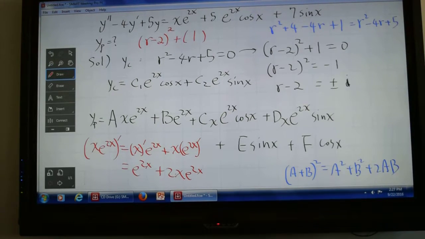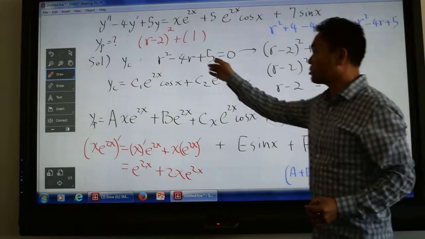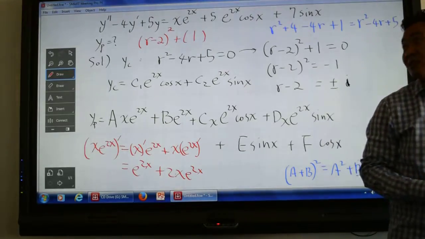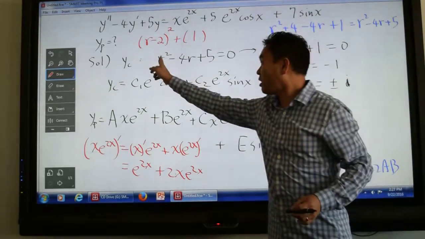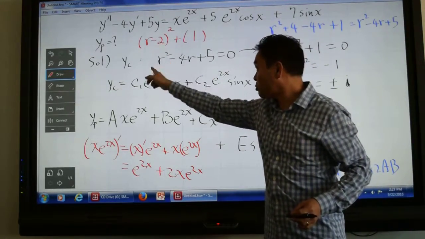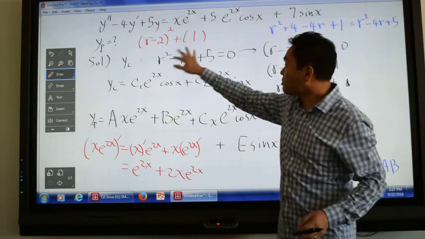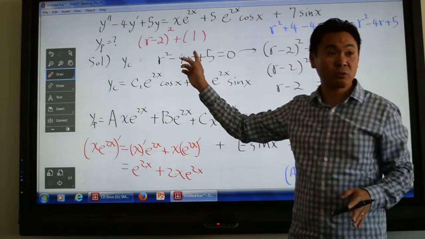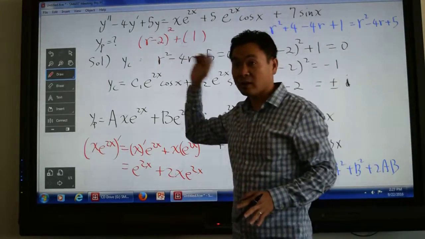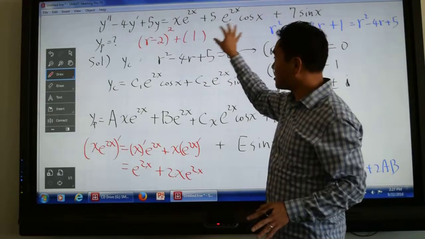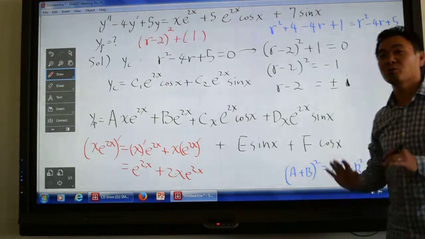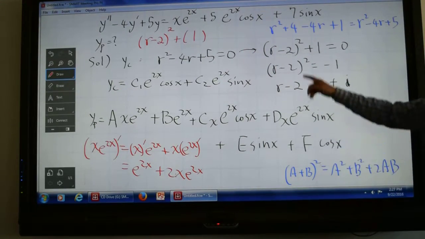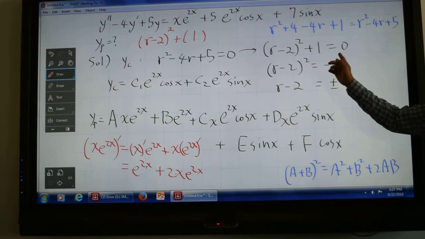Yes? You can use a quadratic formula too, right? You can also use the quadratic formula to find a solution. By the way, this method only works when R squared has coefficient 1. If it's not coefficient 1, then it's a lot harder. Okay? That's why usually completing the square throws off a lot of people in pre-calculus.